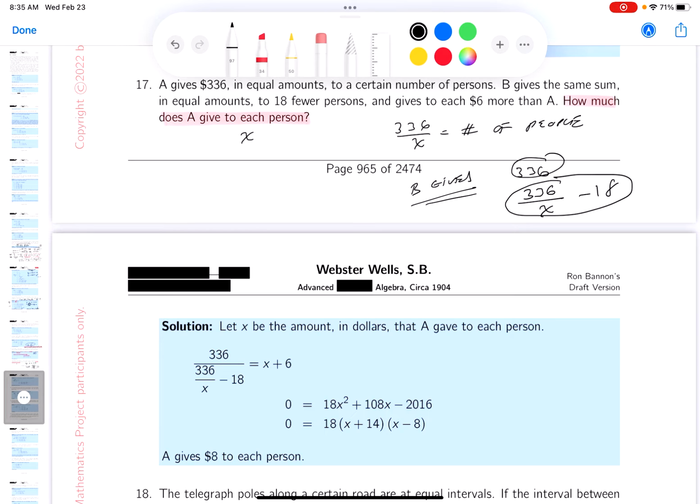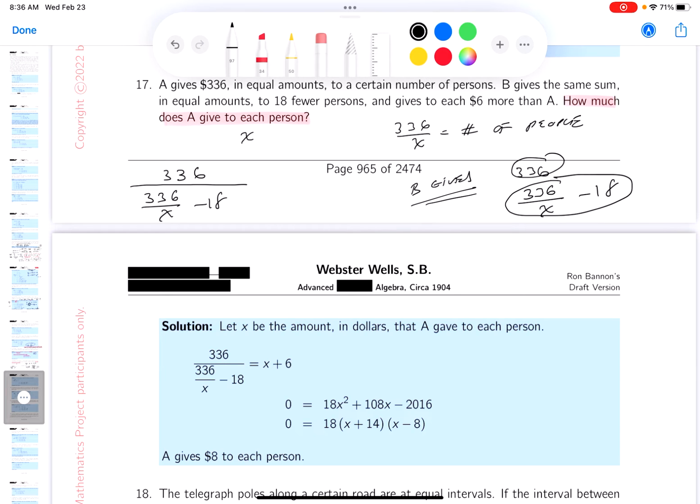Here comes my problem now. I'm looking at it, and they keep going on. So B gives, let's write this over here, $336. How many people? Just like I did before, it's going to be 336 over x minus 18. Now, what does this represent?